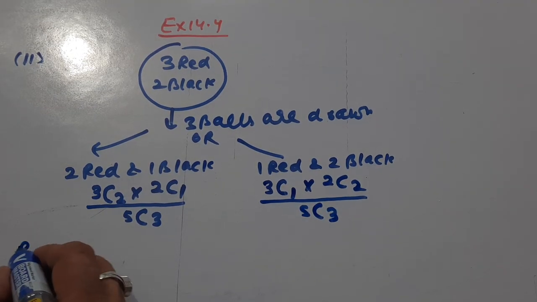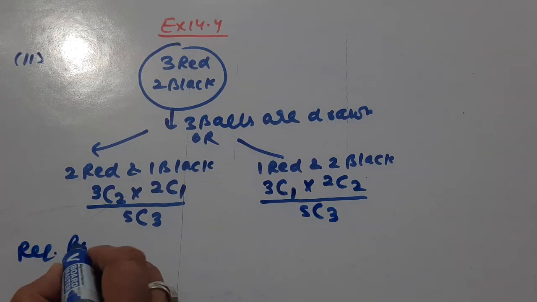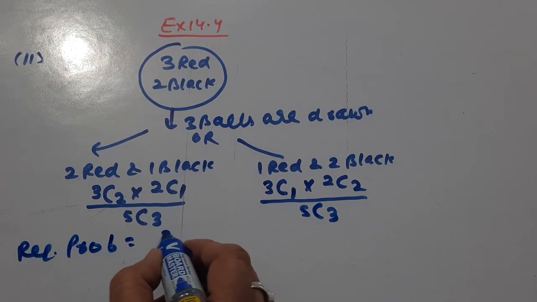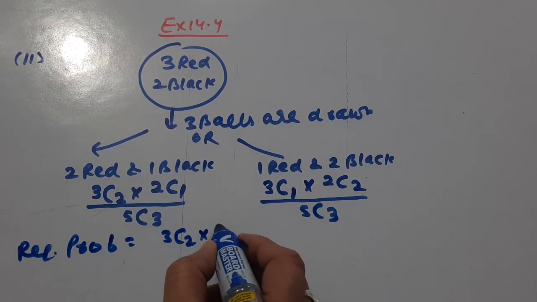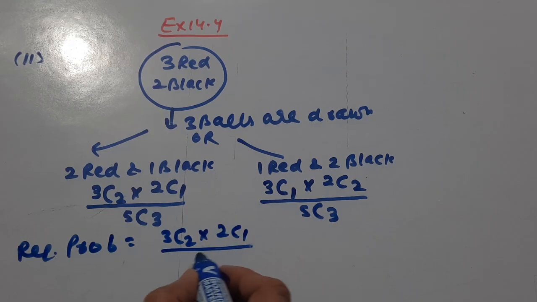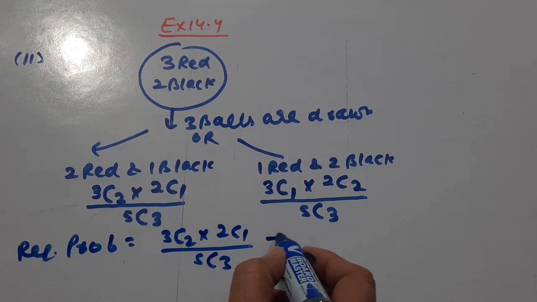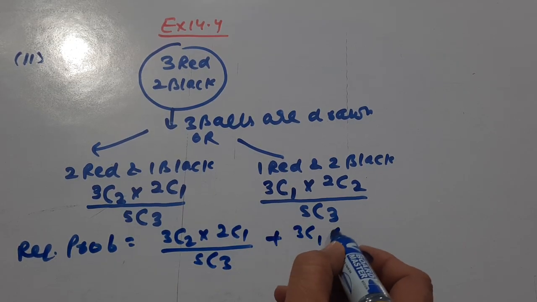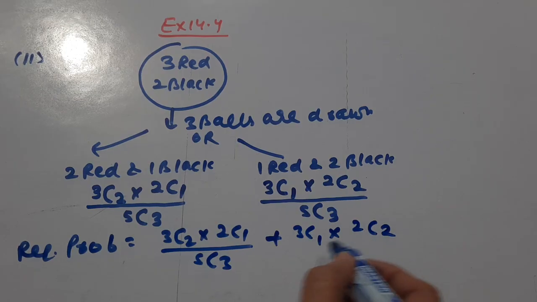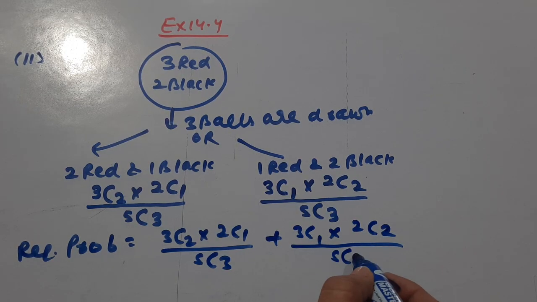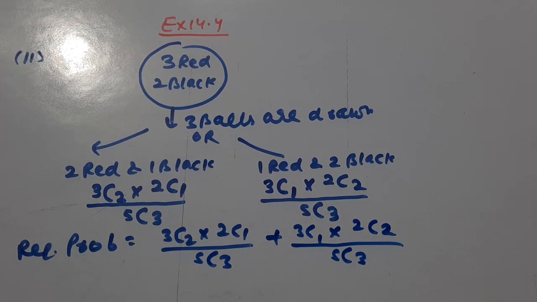So required probability is equal to 3C2 into 2C1 upon 5C3 plus 3C1 into 2C2 upon 5C3.